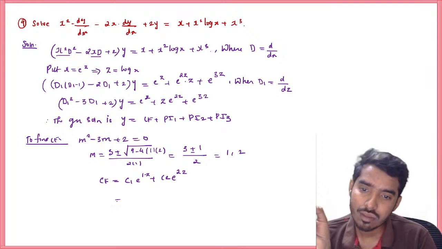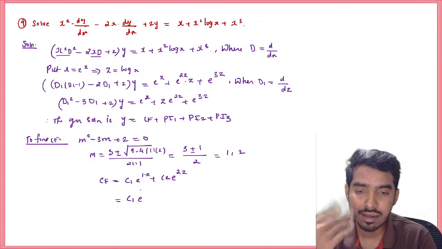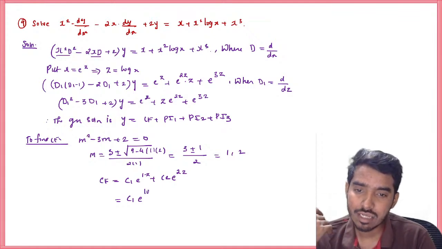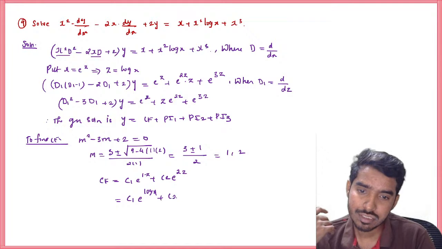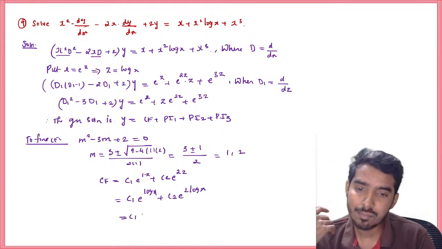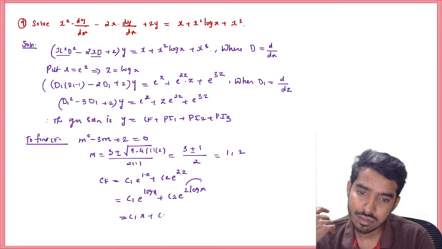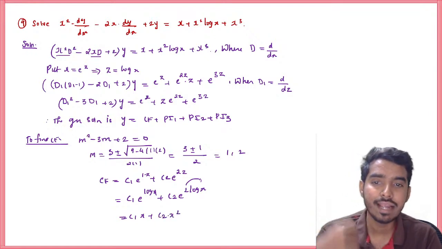Now we know z is log x, so revert the substitution again. So z is log x, and this will be C2 e power 2 log x. e power log x is x, so taking the power 2, you will have x square. So e power log x square is x square. So C2 x square. This is your characteristic function.